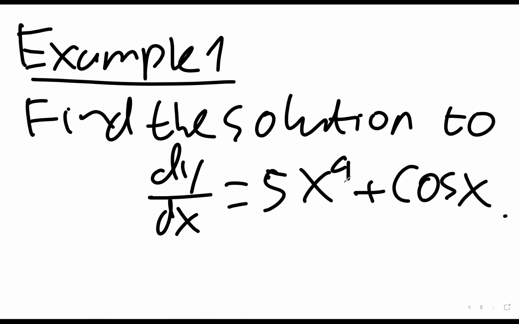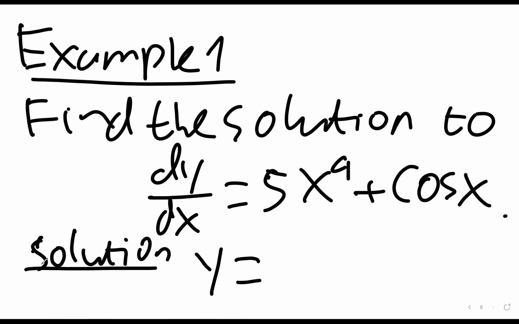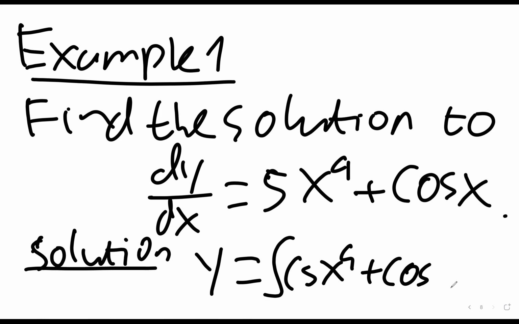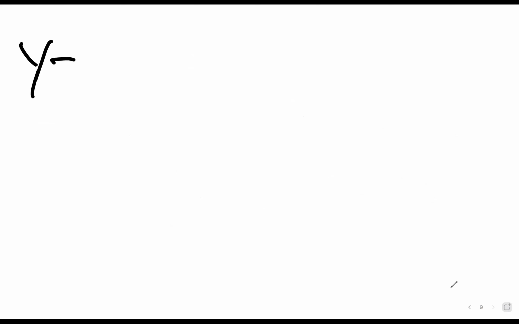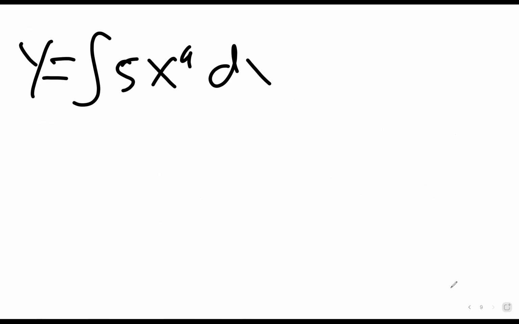Okay, so to find the solution, y is an antiderivative of this one. So I take the indefinite integral of 5x to the power 4 plus cosine of x dx. And by linearity, I will have y equals the integral of 5x to the power 4 plus the integral of cosine x.